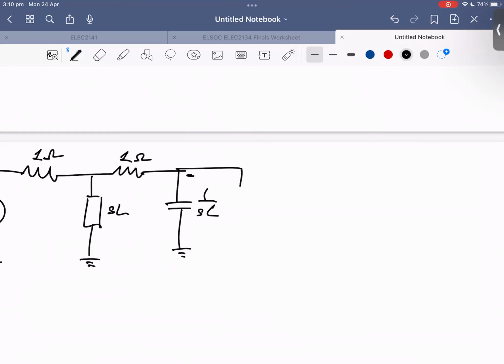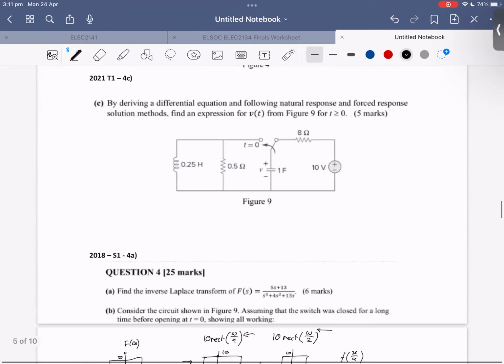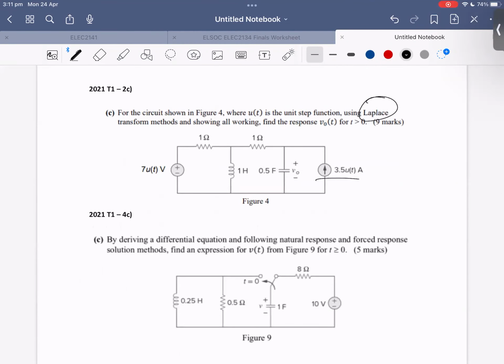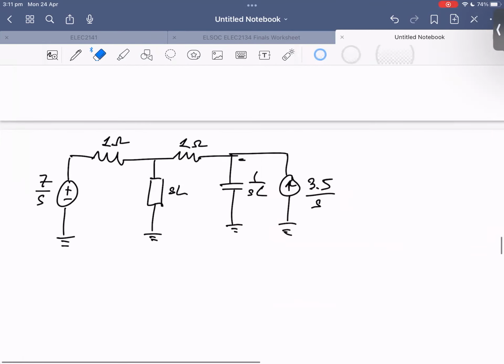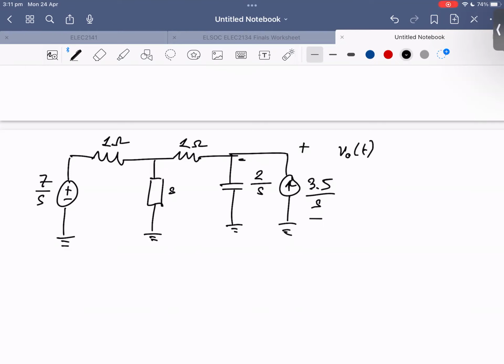And then you've got a current source, which is also a step function, 3.5 u(t). The inductance is 1 henry and the capacitance is 0.5 farads, so L is 1 and C is a half. So we end up with 2/s. And that's our circuit.